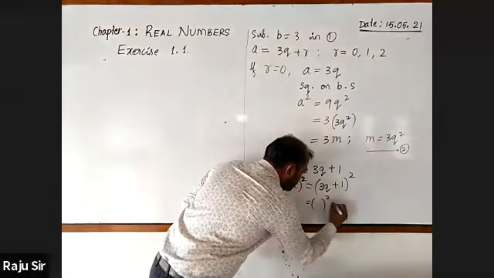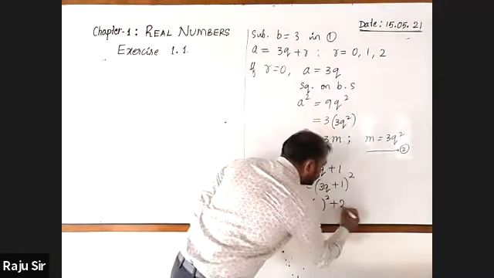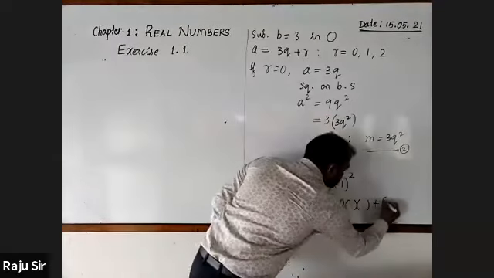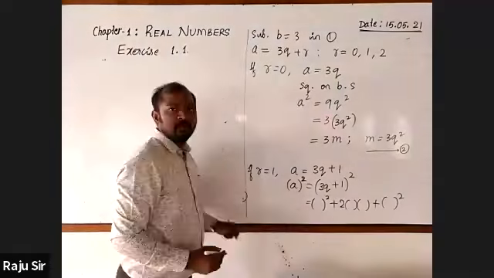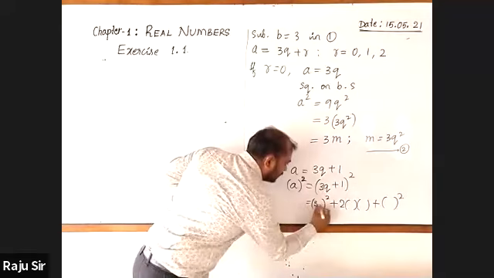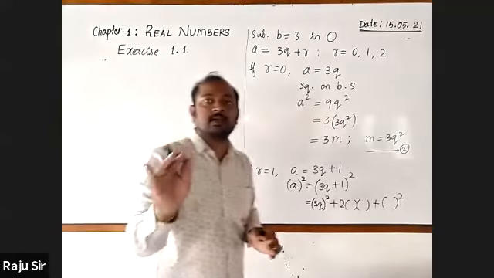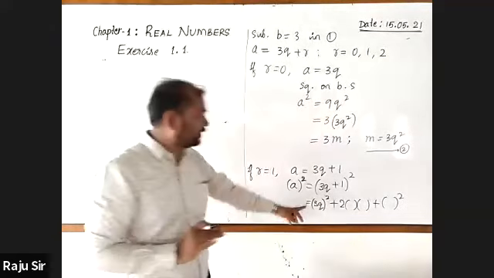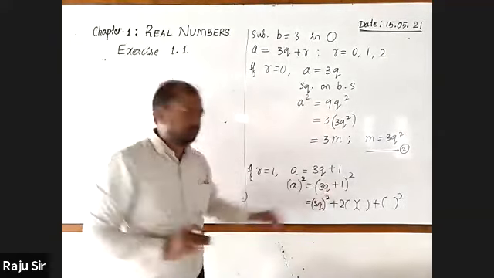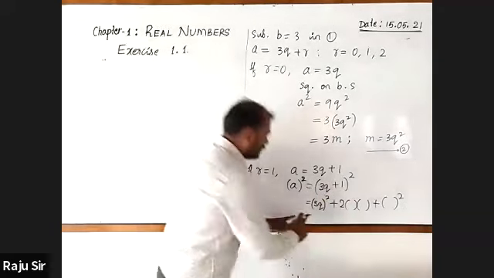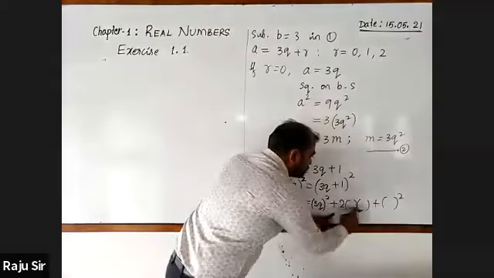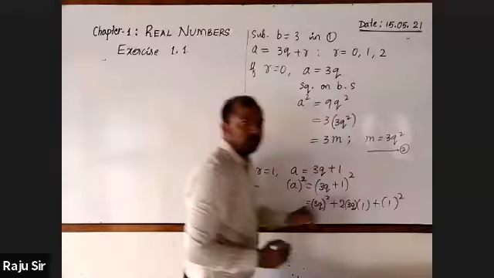A square plus 2ab plus b square. In place of a, I'll write 3q, and b is 1. I write it directly only for the sake of making you understand clearly. It is 3q whole square plus 2 into 3q into 1, plus 1 whole square.